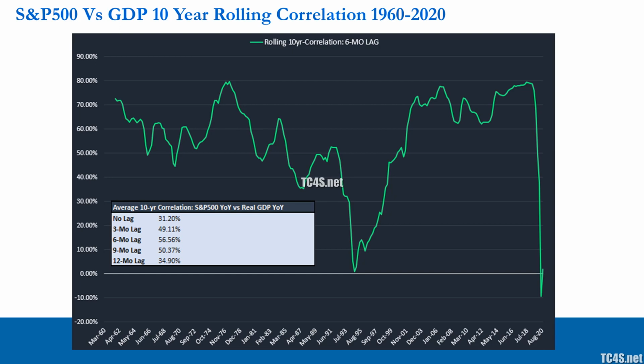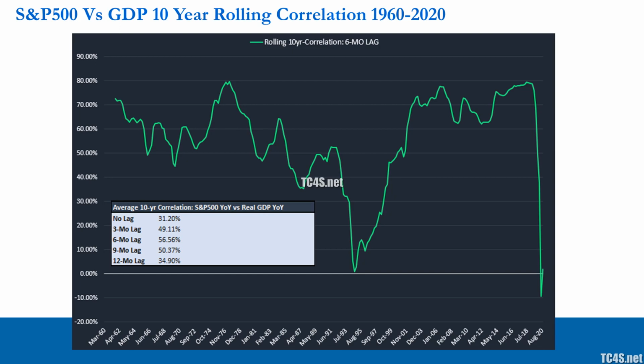What we can also do is take a more sophisticated approach. We can actually calculate a real statistical correlation. If you've been through the basic statistics guide, you'll understand what a statistical correlation is. Here, we've got the S&P 500 versus US GDP, and we've worked out a 10-year rolling correlation from 1960 to 2020.